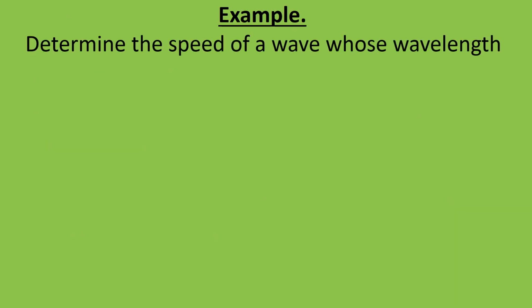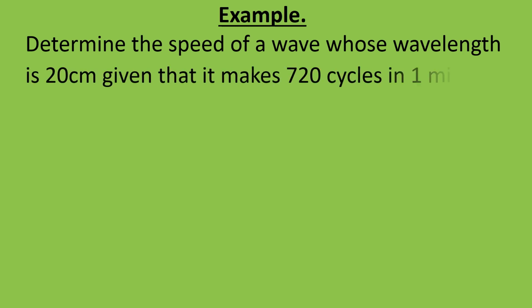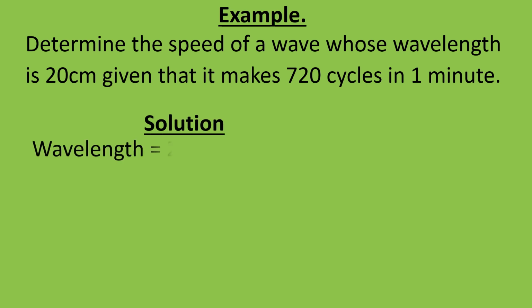For example, determine the speed of a wave whose wavelength is 20 centimeters, given that it makes 720 cycles in 1 minute. Solution. Here we know the wavelength is given already as 20 centimeters, which can be changed to SI unit, which is meters, by dividing by 100, giving us 0.2 meters.